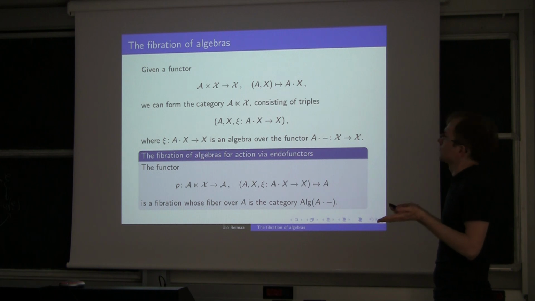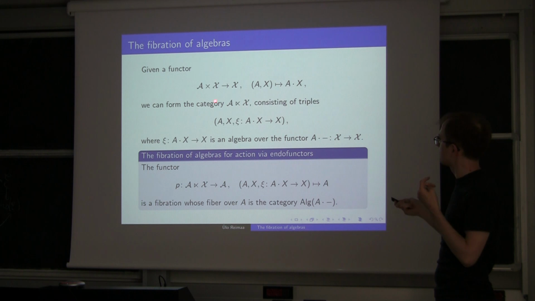So our objects are now triples: the parameter, the underlying object, and the algebra map.